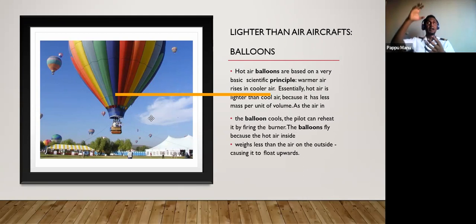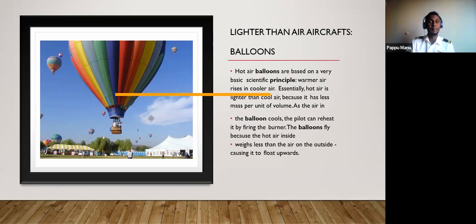As soon as the air on top starts becoming a little bit cooler, again, another burst of warm air is sent blasting into it to maintain it. So while starting, they send a lot of warm air so that the balloon can go up. Once the balloon is up, then they just send a little bit, just to maintain that warm air inside the balloon. All right. So that is how a balloon works.